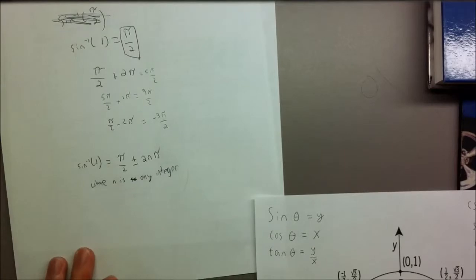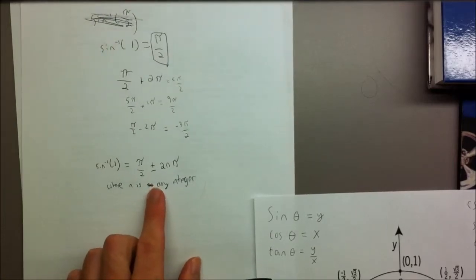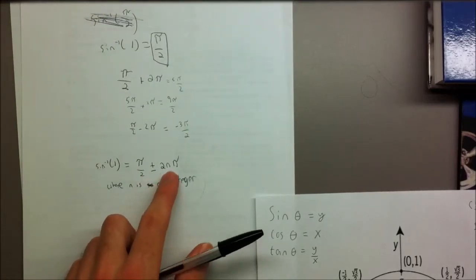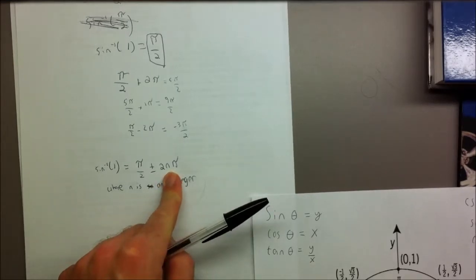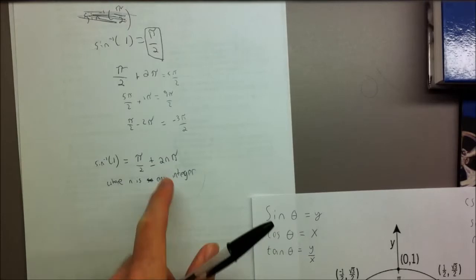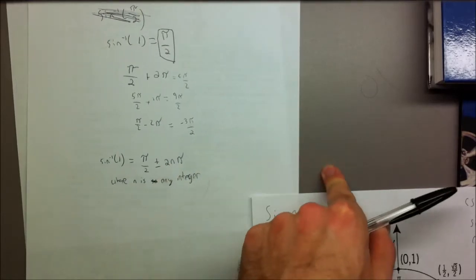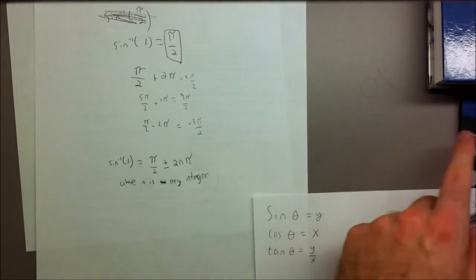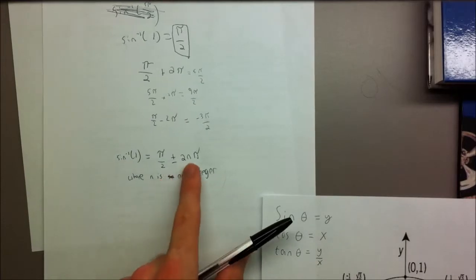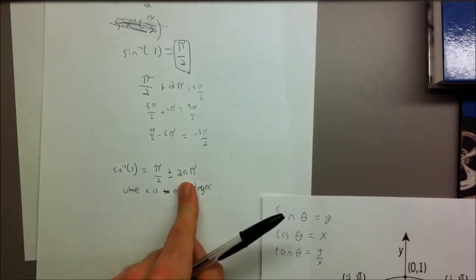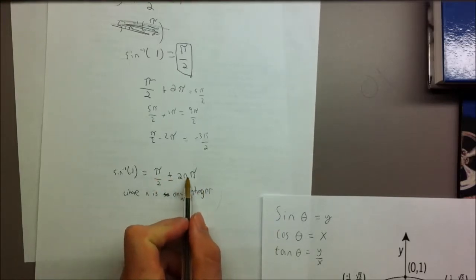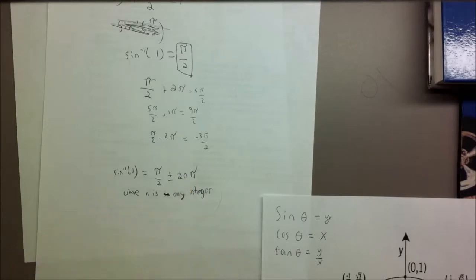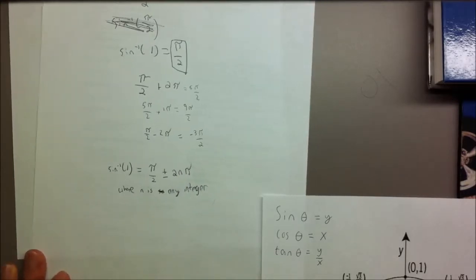Is that clear? Pi over 2 plus or minus 2n pi. You can add or subtract 2 pi, it doesn't change the value, so that's okay. But you can also add 2 pi again, or keep subtracting 2 pi, and you'll get infinitely many solutions. So what we mean by writing plus or minus 2n pi is you can add or subtract 2 pi n amount of times, so that covers all the solutions.